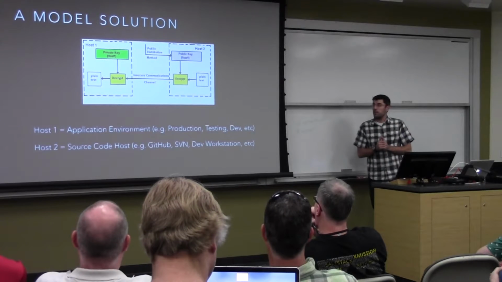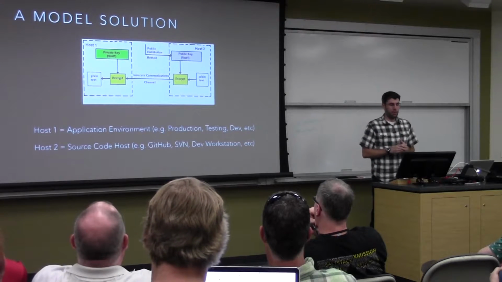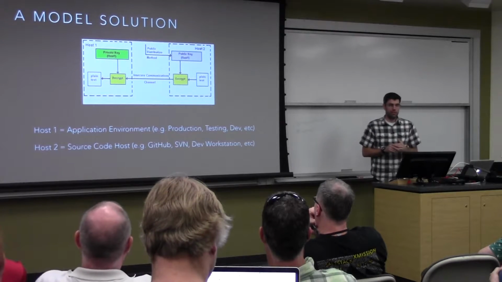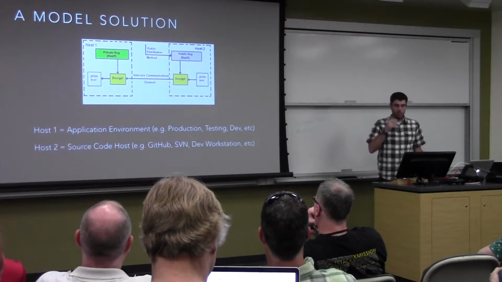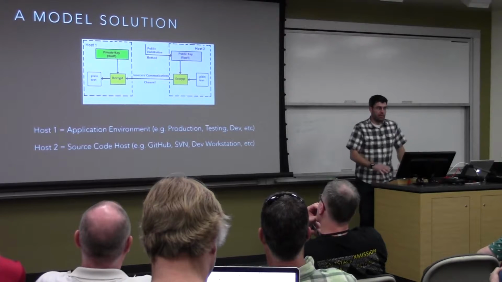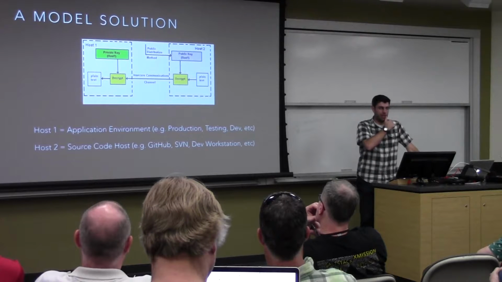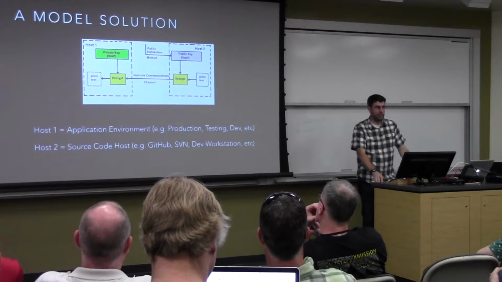So a model solution that we can use with asymmetric encryption is this multi-host environment, and this is incidentally very similar to how the OpenSSL, or rather the TLS exchange works. I won't get into too much detail there, but we can also leverage this model in protecting secrets in our source code.